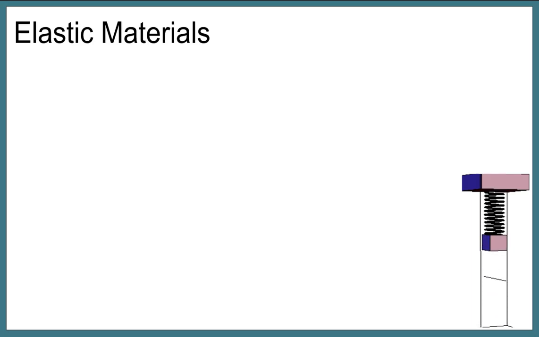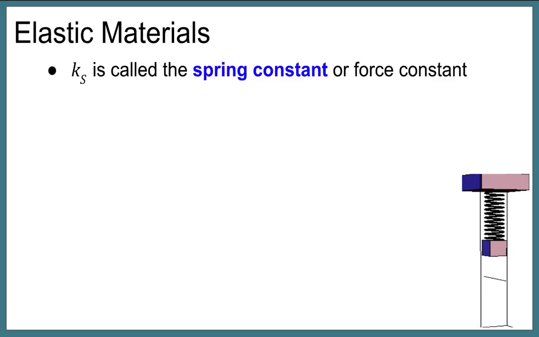Now, there's one more type of energy that we're going to talk about, and it is the energy having to do with elastic materials, meaning things that can be stretched or compressed, like a spring or a rubber band, or really even like the muscles in your body. Anything that can stretch or compress is what we would consider to be an elastic material.